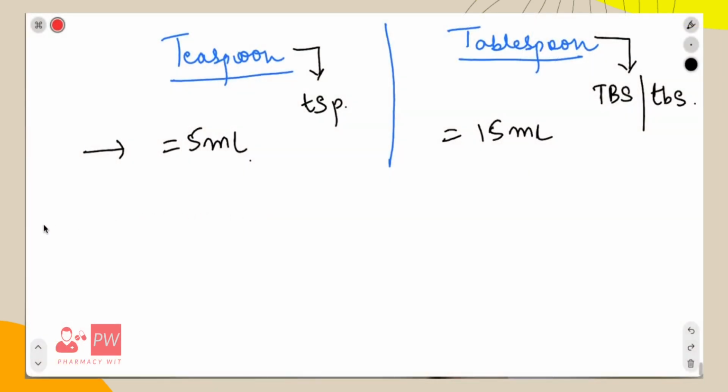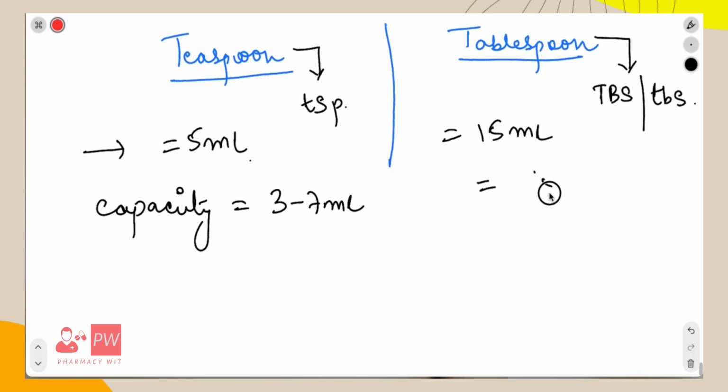It should also be noted that the capacity of a household teaspoonful is 3 to 7 ml, and for a tablespoonful the capacity is 15 to 22 ml.